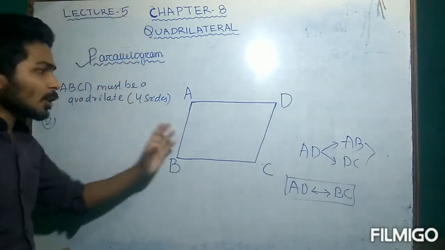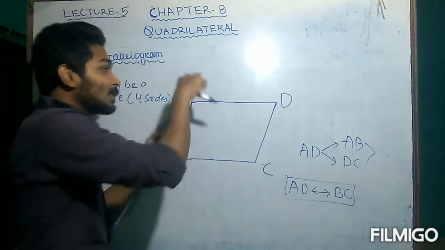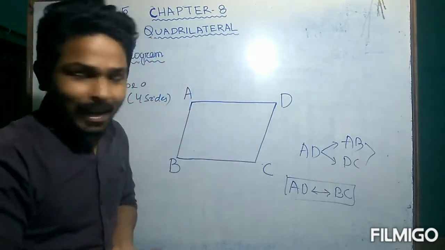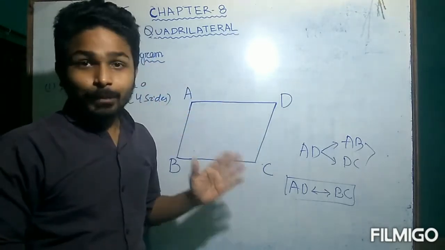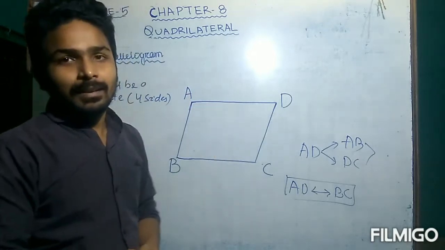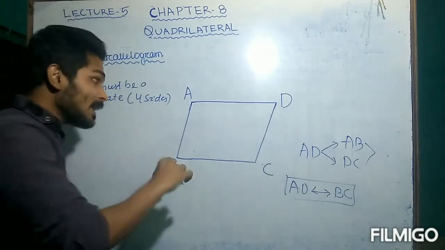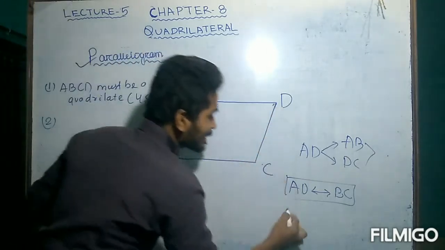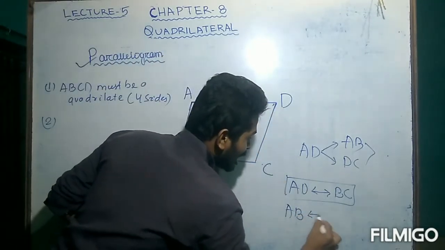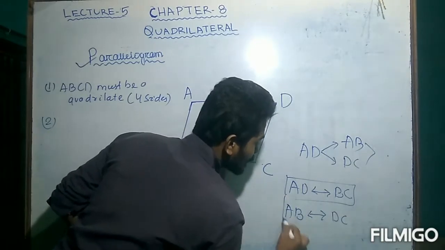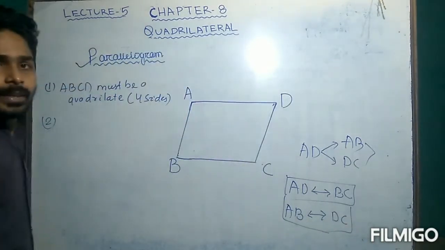Understood? So in order to be a parallelogram, the opposite sides of the quadrilateral must be equal. As you can see here, AD and BC are opposite. Similarly, AB and DC are also opposite sides. Yes or no? Yes.